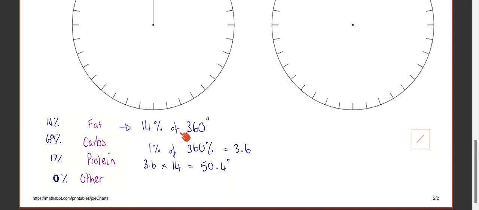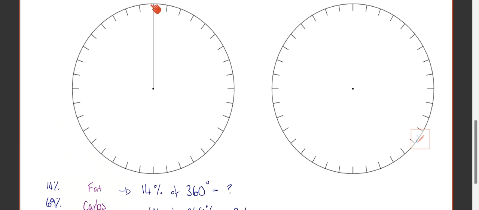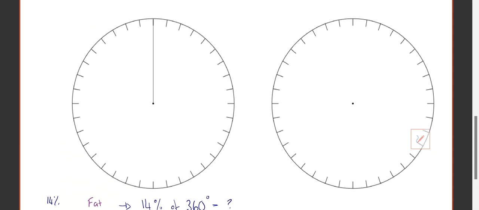So we've done fat. 14% of 360: I did 1% is 3.6. Marco did that by dividing by 100. And then we did that times 14. That tells me it's 50.4 degrees. So we draw our first line from the centre. That's our starting point. On your protractor, put the 0. And there are rulers as well.